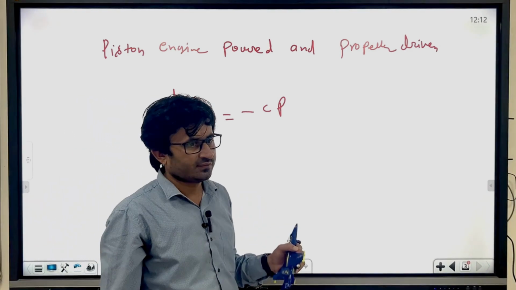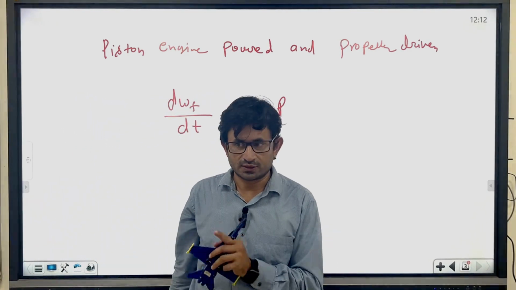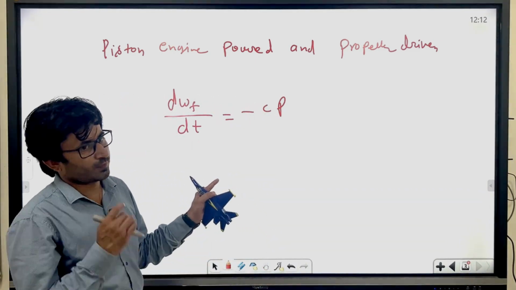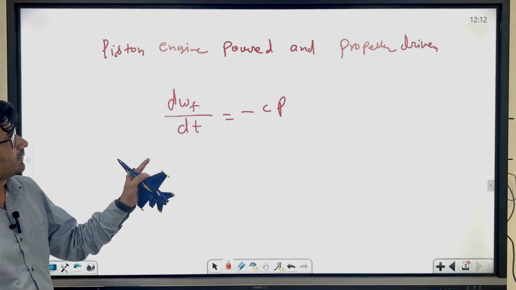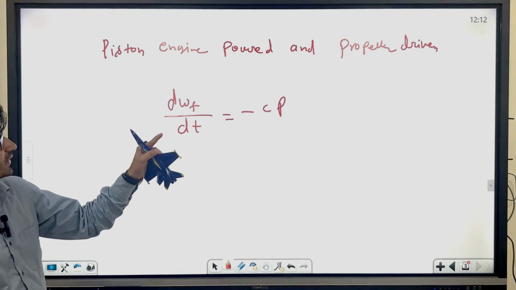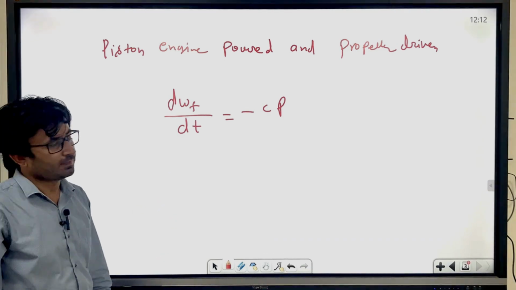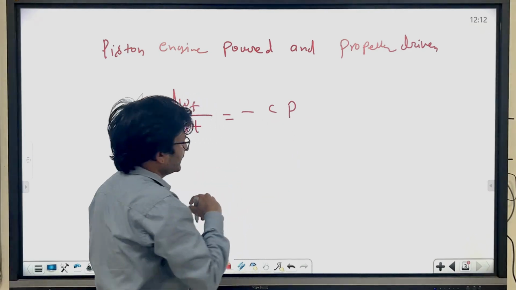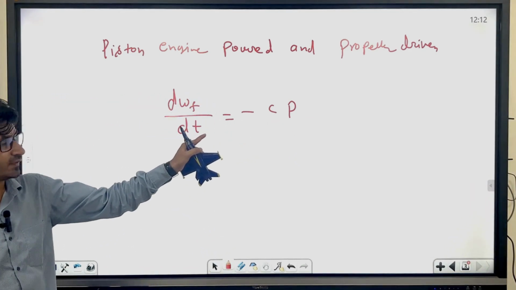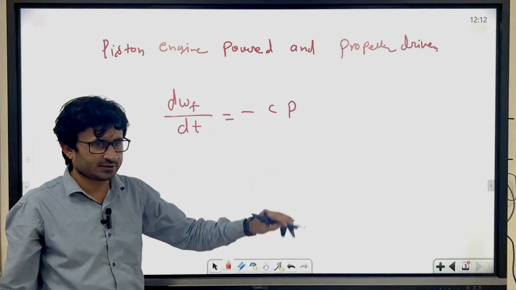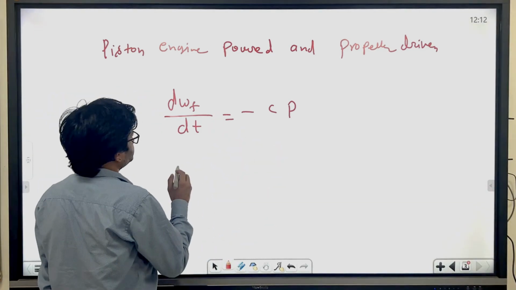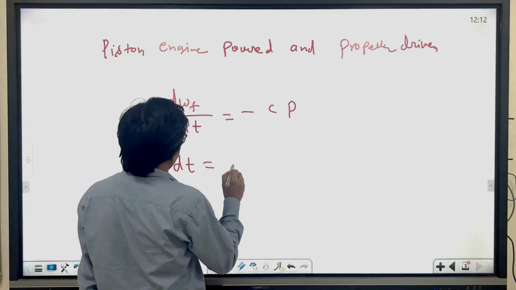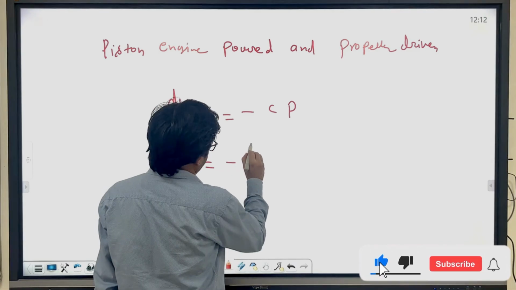For a jet engine we use thrust, and for a piston engine powered and propeller driven aircraft we use power. In that case the specific fuel consumption was Ct, but in this case it is C.